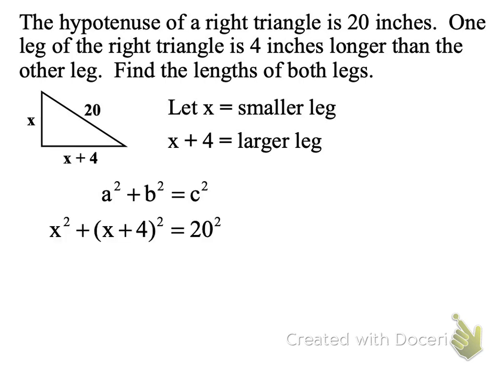Remember, what is this? I get x squared. What is this equal to? It's equal to x squared plus 8x plus 16. Isn't it 16? Yeah, sorry. So we get an x squared plus 8x plus 16 equals 400.